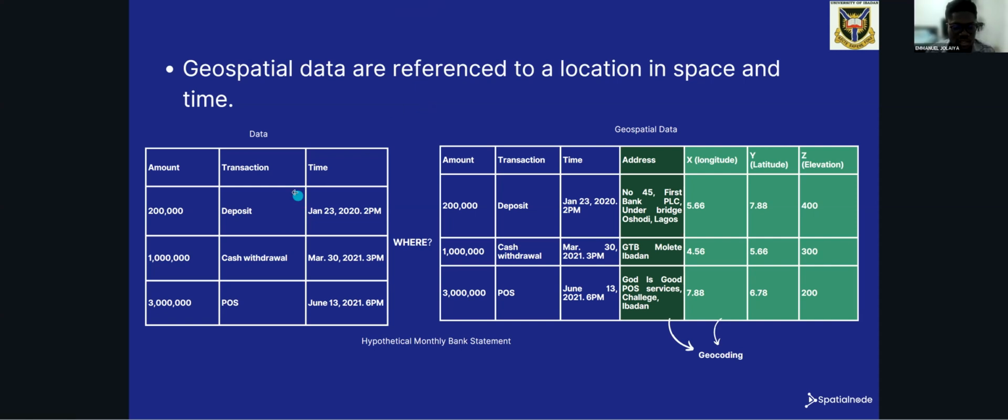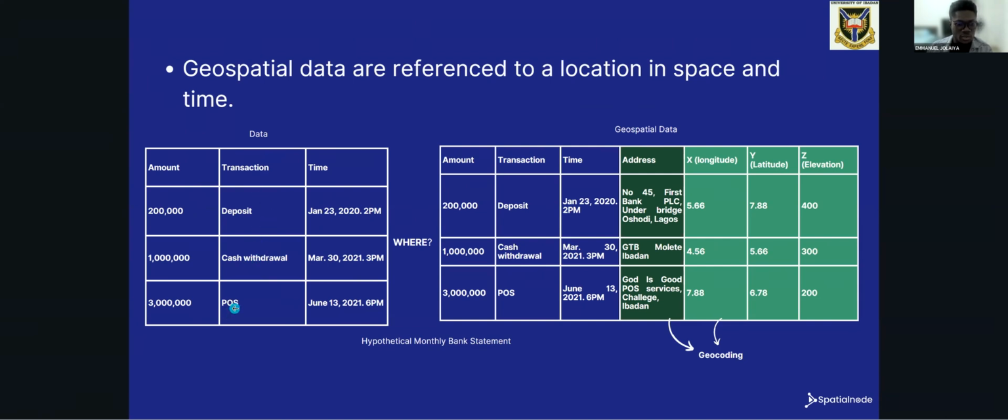As I was saying, this is how normal data is structured without a location component. This is hypothetical data of bank transactions. From this, you can derive insights. You can know the months where you spent the highest amount of money, and the type of transaction you performed.